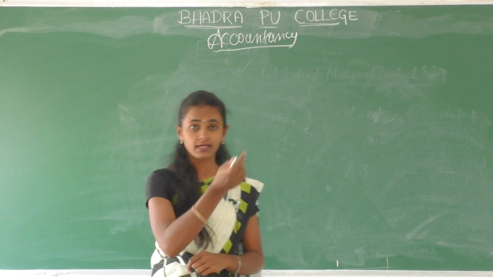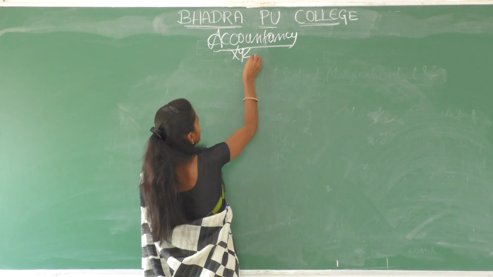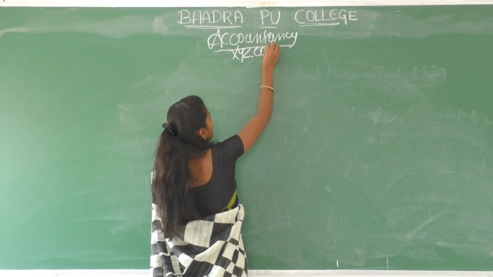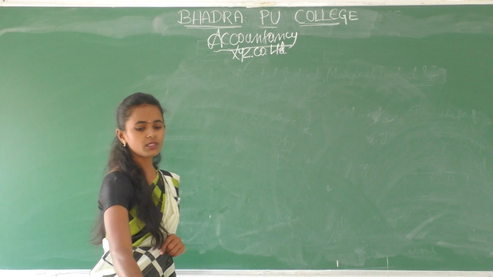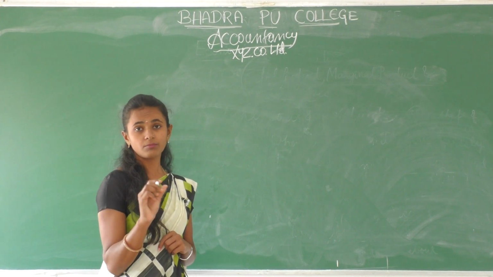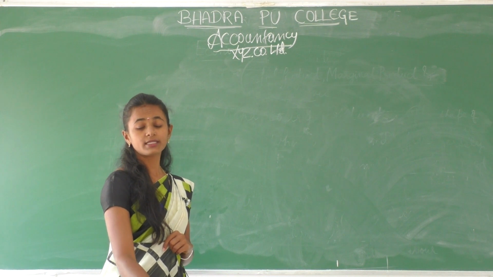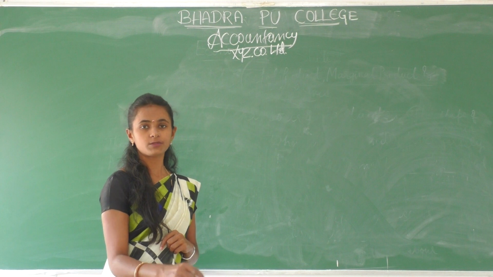Firstly I'll write the name, XYZ Company Limited. We are going to prepare a common size balance sheet as on 31st March 2014 and 31st March 2015.